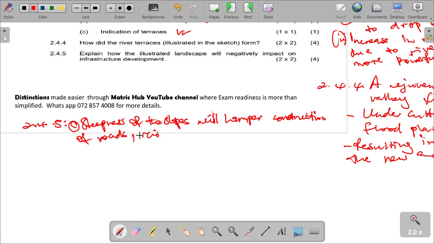It can hamper construction of railways. It can also even affect railway line development or establishment. They are affected because of the steepness of the slopes.